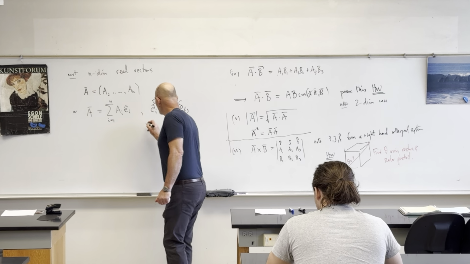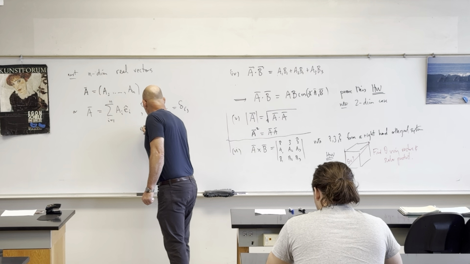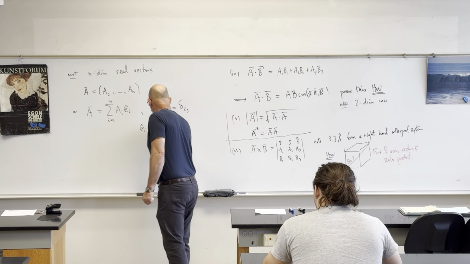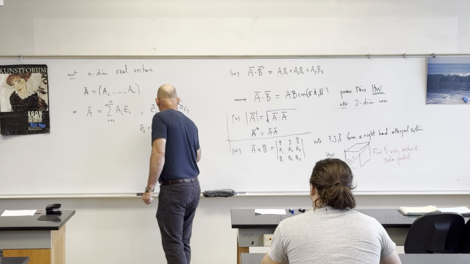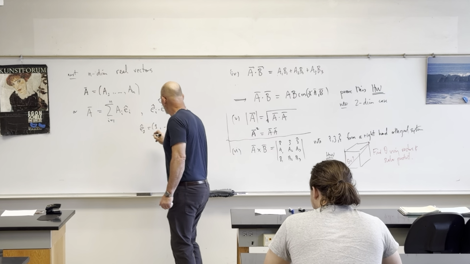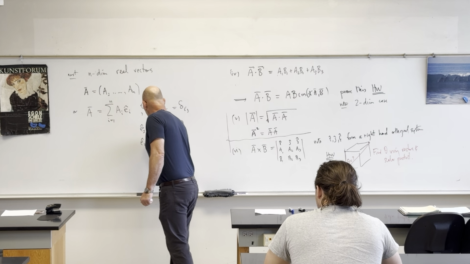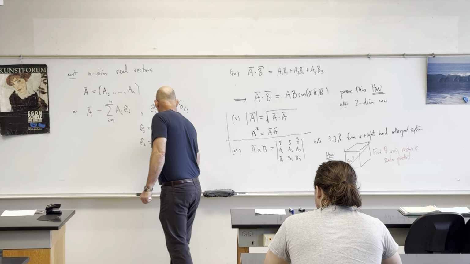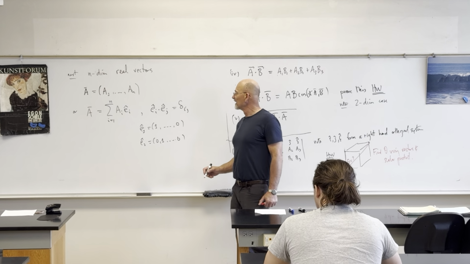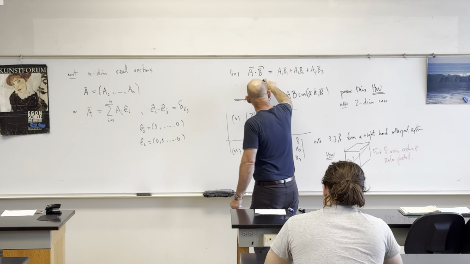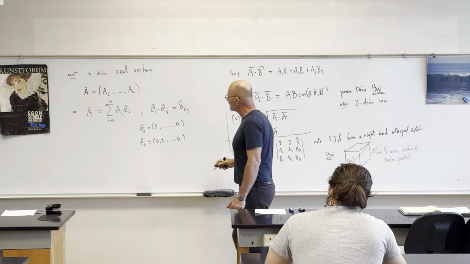And that's no problem, because e sub 1 hat is 1 with a bunch of zeros. e sub 2 hat is 0, 1, a bunch of zeros, etc. They're unit vectors. And the scalar product is done exactly the same way here.